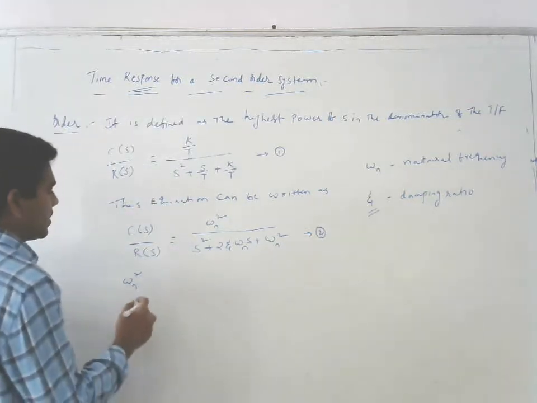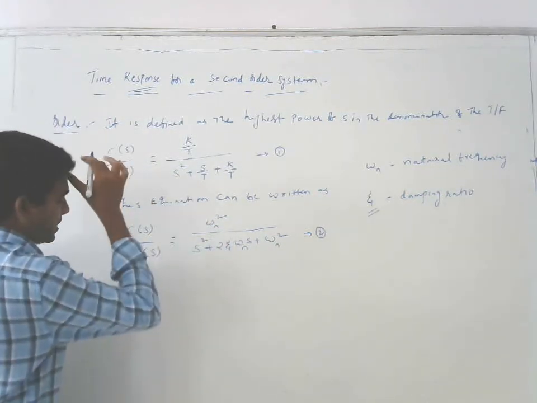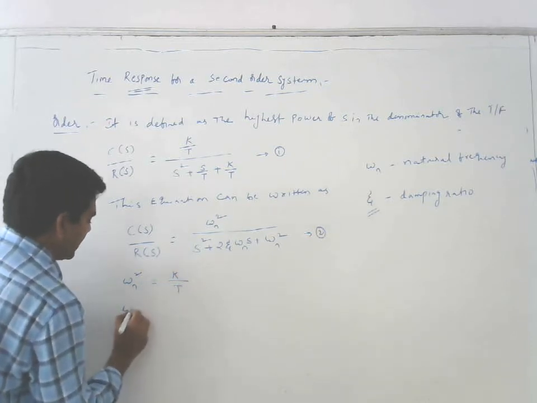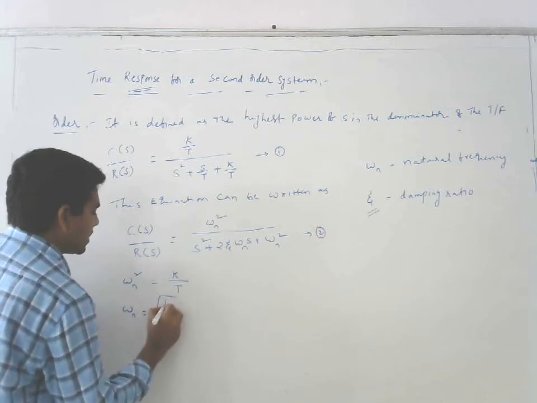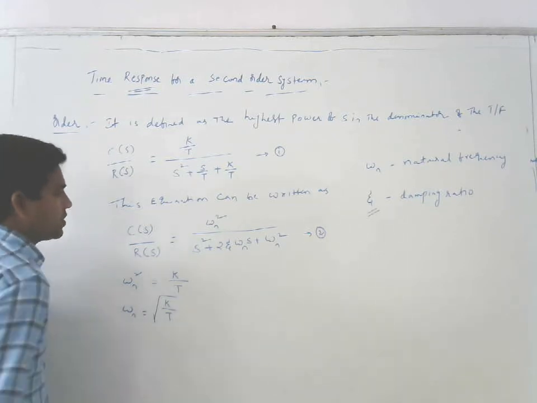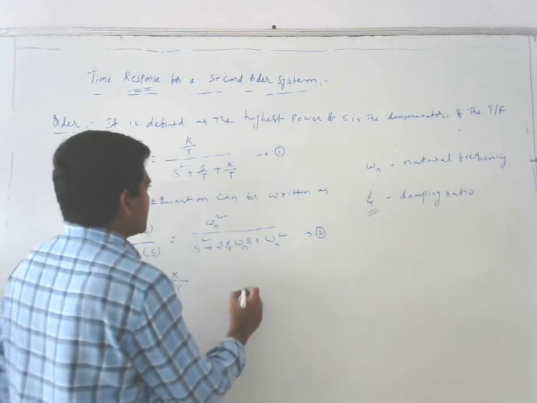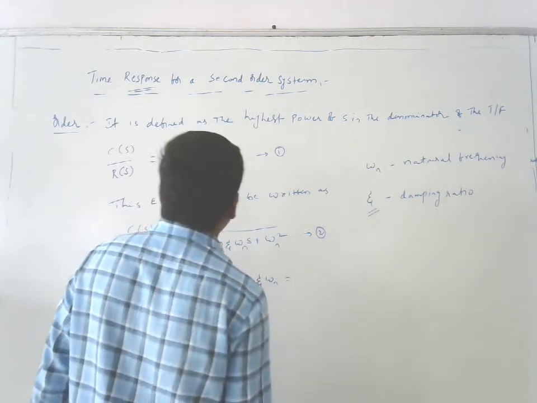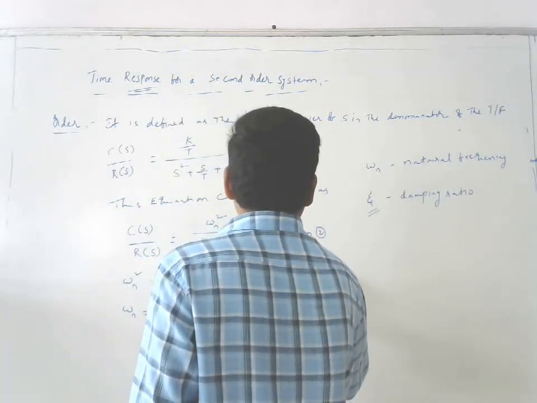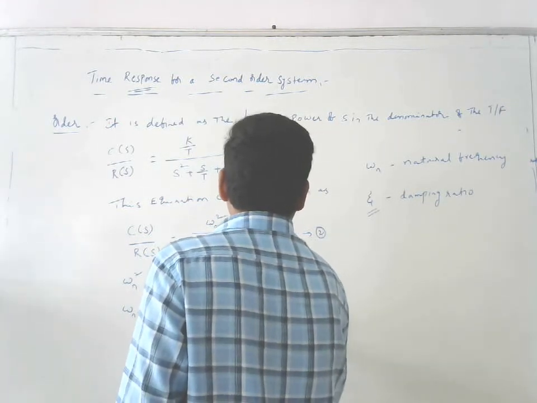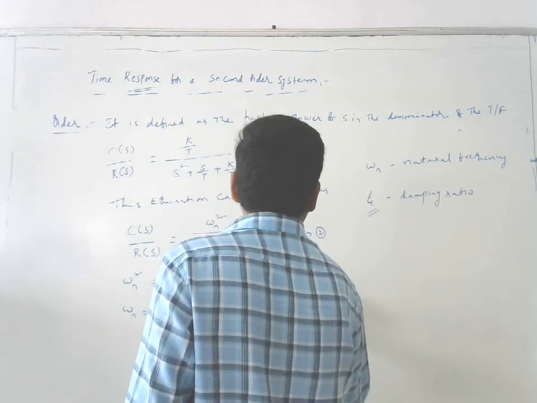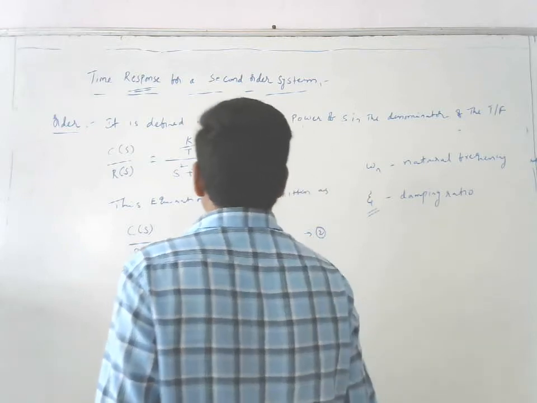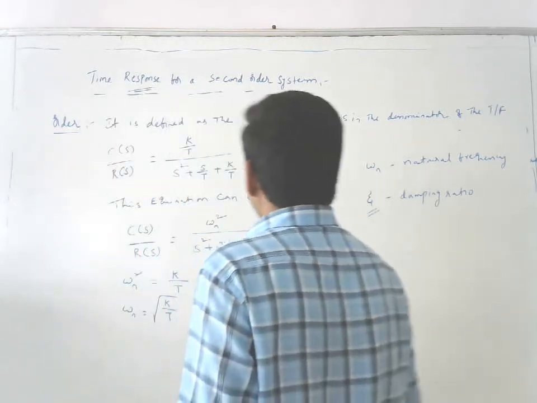Now let me compare: omega n square equals K by T, so omega n equals the square root of K by T. Similarly, comparing the S coefficient, 2 zeta omega n equals 1 by T, so zeta equals 1 by 2 omega n T. That gives the damping ratio.